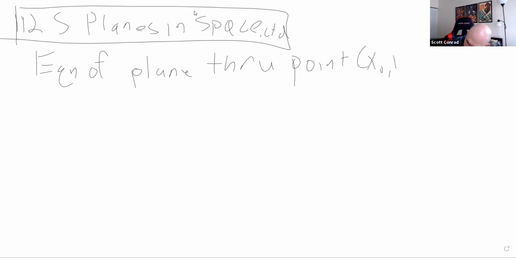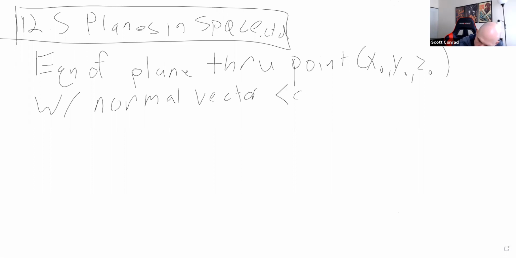So the equation of a plane through point x naught, y naught, z naught with an orthogonal vector, which we always call the normal vector, usually call it n. So it's got a normal vector a, b, c, and it goes to the point x naught, y naught, z naught.